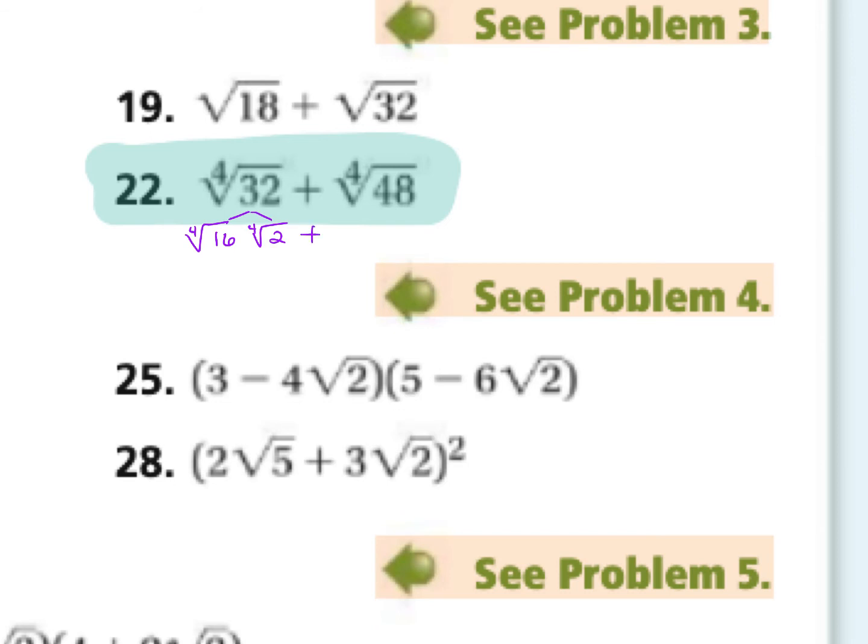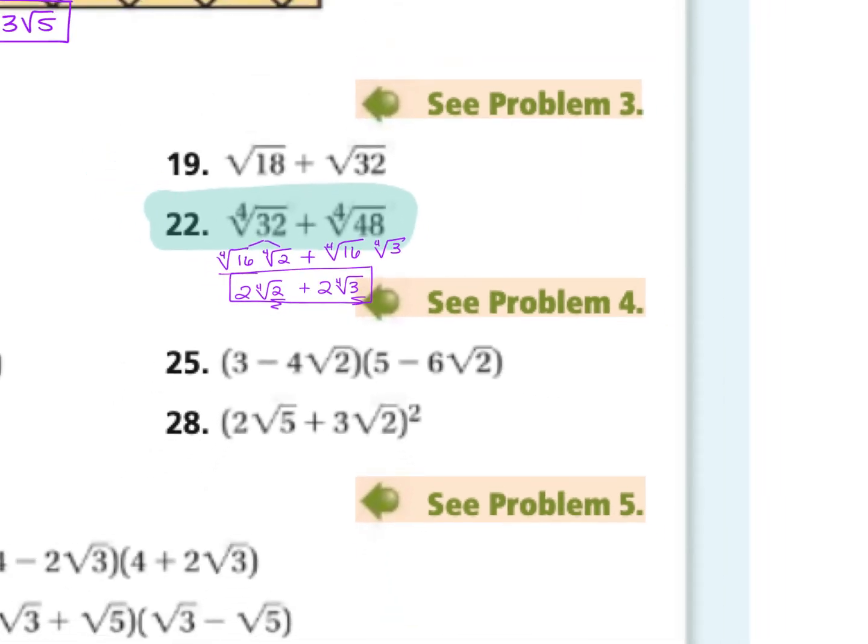And then plus, this one again, we can do 16 and 3. So this is going to simplify to 2 fourth root 2, plus 2 fourth root 3. And because these radicands are different, that's as simple as you can go with it.